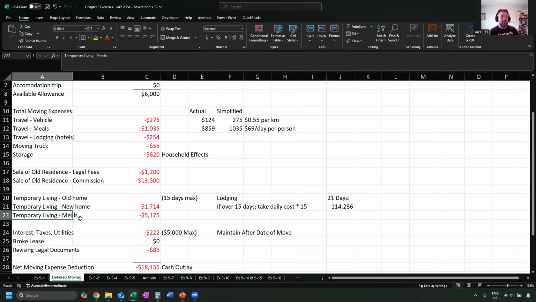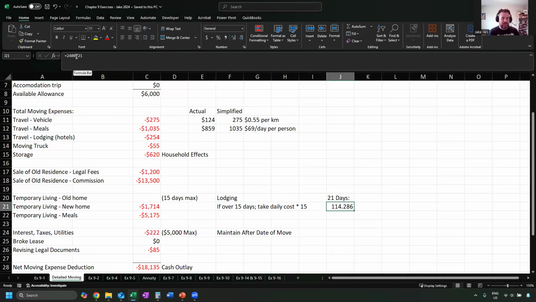So when I'm moving, I can stay close to my new home or my old home. Once I've made my selection and I'm staying there for a few weeks or a few days waiting for my new house to be ready to move in, the expense or the lodging can be deducted up to 15 days. So I mentioned trying to find a daily rate.